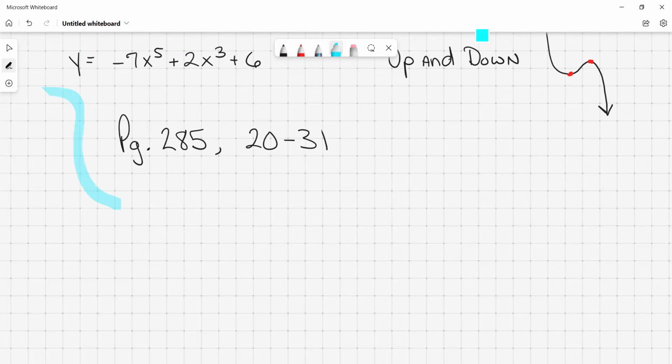Going to do a study guide tomorrow, and your quiz is going to be on Thursday this week. Study guide tomorrow, quiz on Thursday. I'm going to be here, but we're going to have a quiz on Thursday this week.